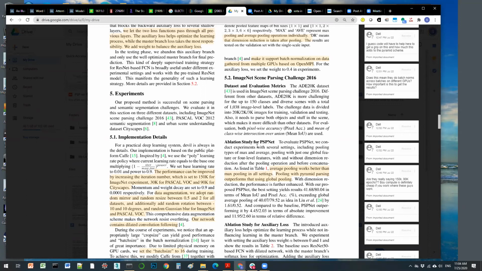Whereas dilated and Atros are actually like downsampling, you're making it smaller. The only difference is instead of going like 3 by 3 nearby pixels, you basically introduce a row and column of pixels in between them. So you're looking at a bigger receptive field, but you still end up with a smaller image.